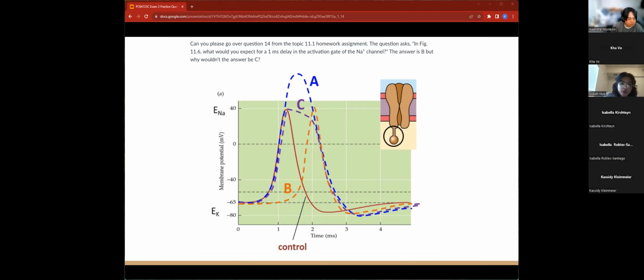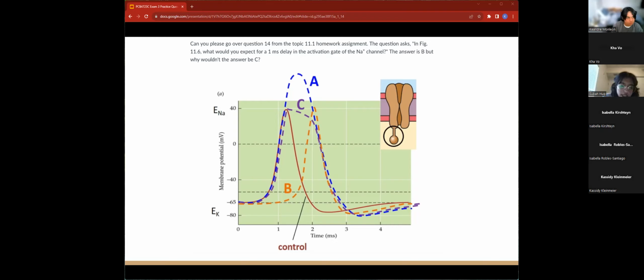The way sodium flows in is through its channel, but for its channel to be open, the activation gate has to be open as well. So if there's a delay in the activation gate of the sodium channel, it's going to affect the amount of time it takes to get through the rising phase.